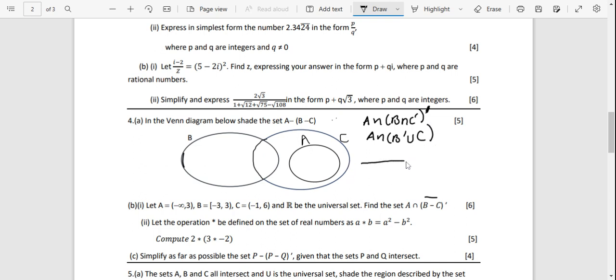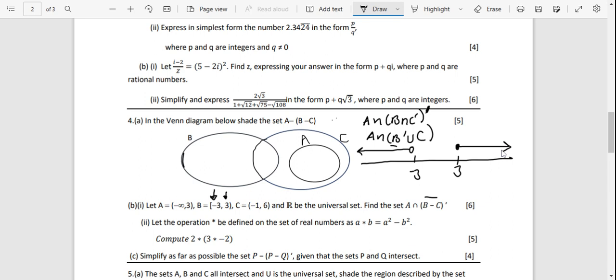So the first thing that I'm going to do is start with the B complement. Where is the set B? B is from negative 3 to positive 3. Now you can see that negative 3 is part of B. That means it will not be part of the complement. And then 3 is not part of B. That means it's going to be part of the complement.